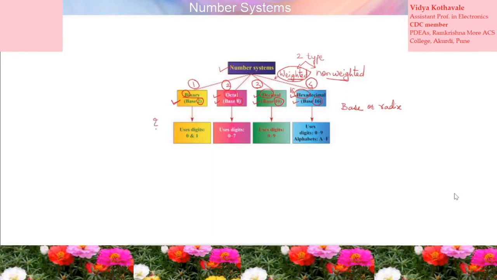Now why is the base or radix of binary number system 2? Because binary number system makes use of only 2 bits, binary 0 and binary 1. Therefore, the base or radix of binary number system is 2.